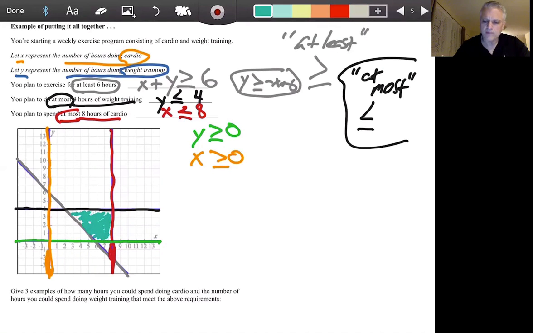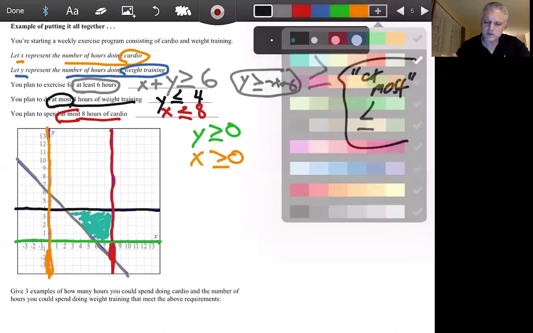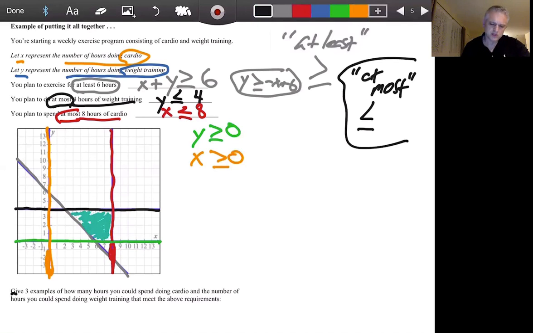Okay, now something that's cool is, it says give 3 examples of your real life situation of how many hours you would spend doing cardio and how many hours would you do the weight training. All you need to do is find 3 points that are in that region.